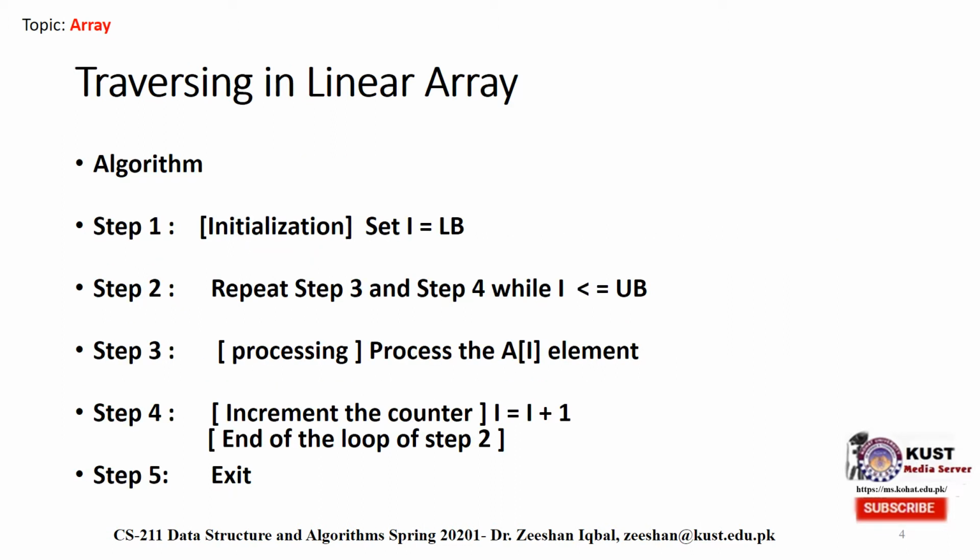I have already mentioned that traversing is a process of visiting the location of elements in a sequential order. To explain the algorithm of traversing, suppose A is a collection of data elements stored in the memory of the computer, and suppose we want to print the content of each element of A, or count the number of elements of A with given priority.